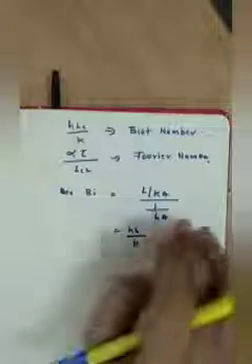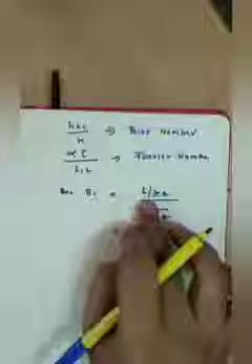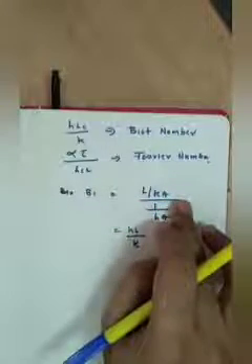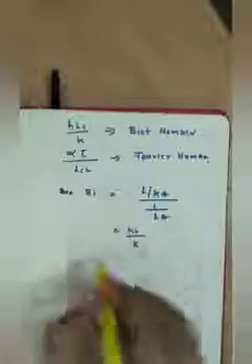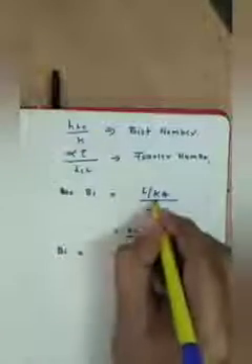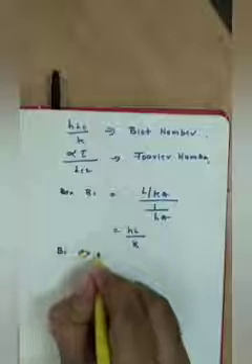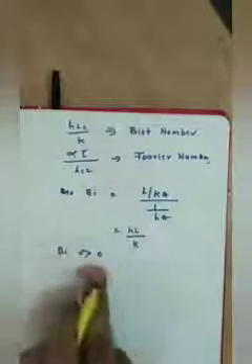When I discussed lumped parameter analysis, I said that the internal resistance is assumed to be 0, which means L by K is equal to 0. Then the Biot number is equal to 0.